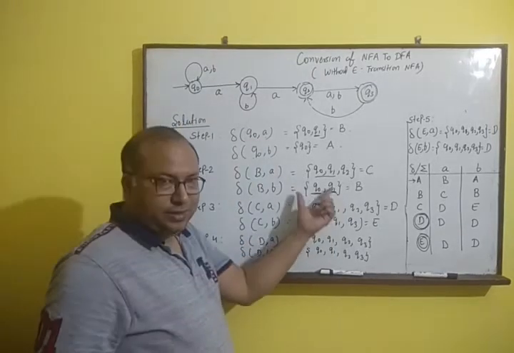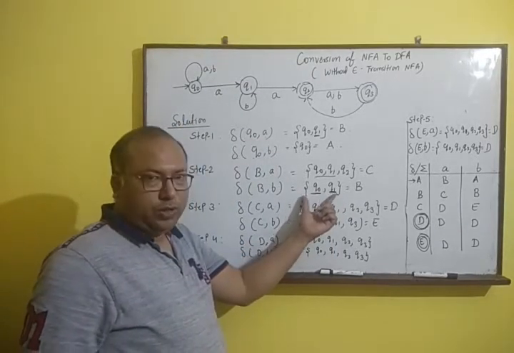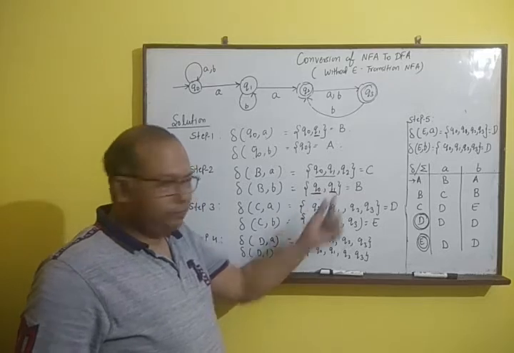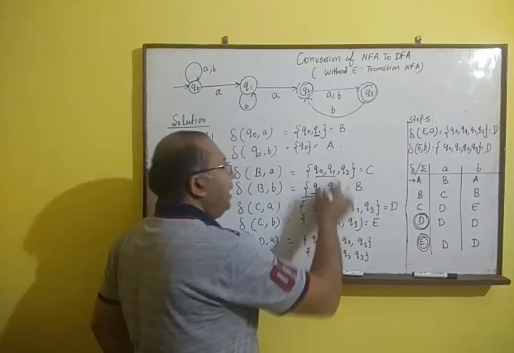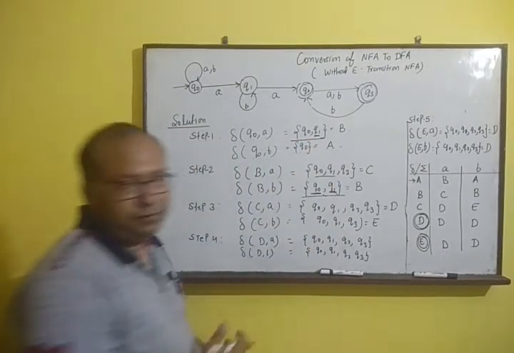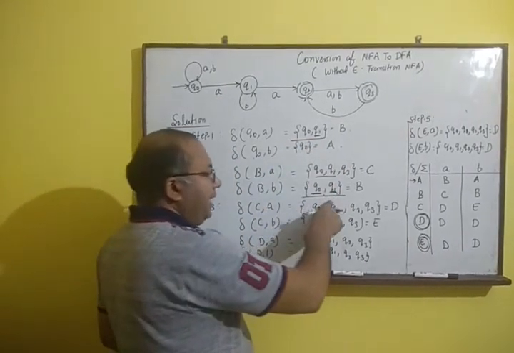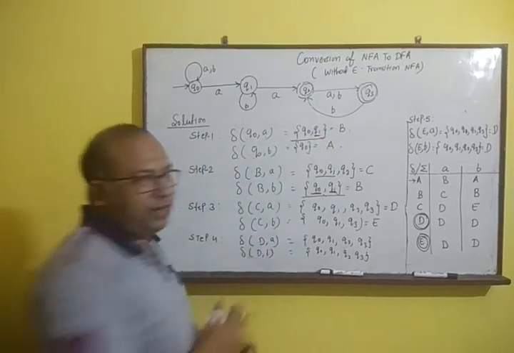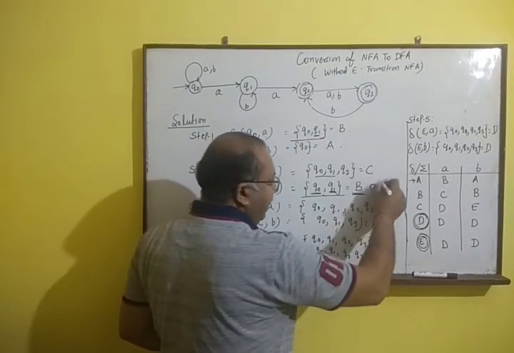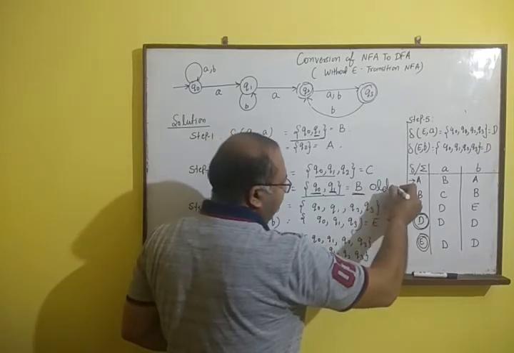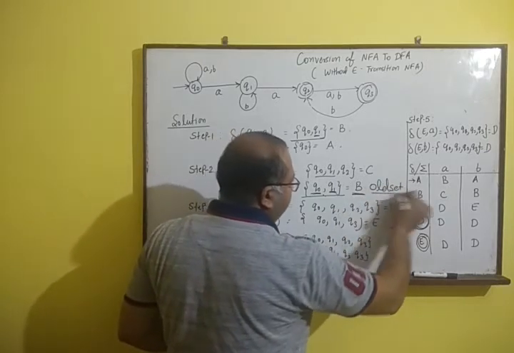So this set has only two states, Q0 and Q1. If you look here, this set is already an identified set. We have already identified it in step 1, so we name it the same as before. This is the old set.